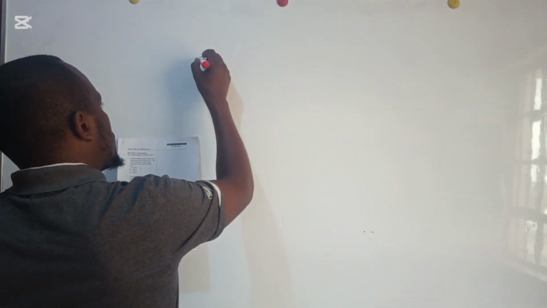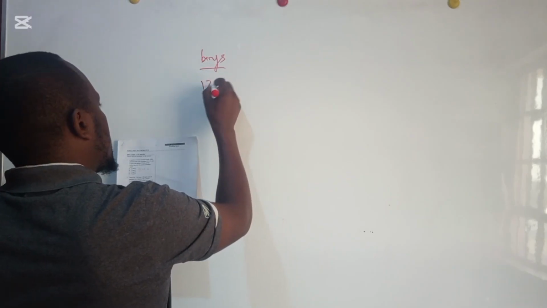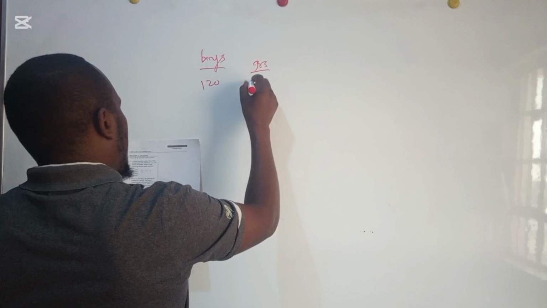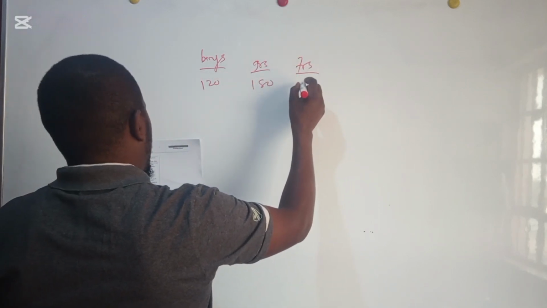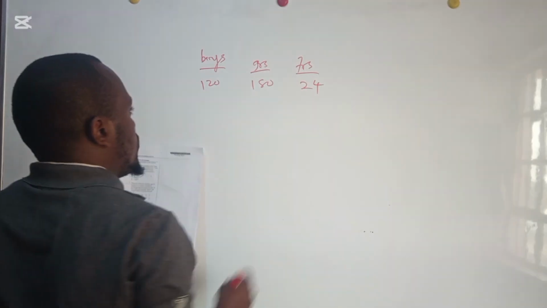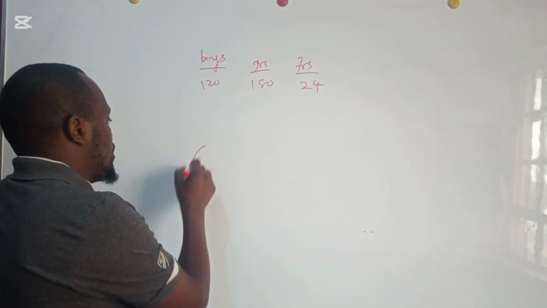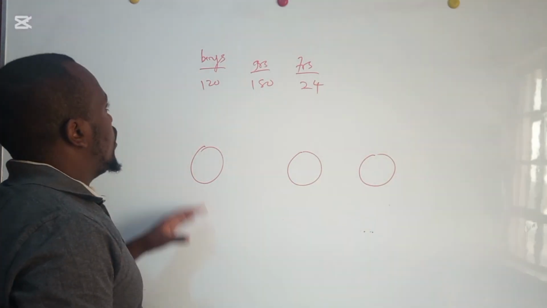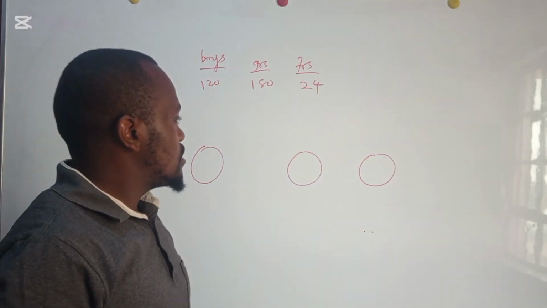So this school has boys, 120, girls, 180, and teachers, 24. So the school is forming groups such that there is an equal number of teachers in these groups.